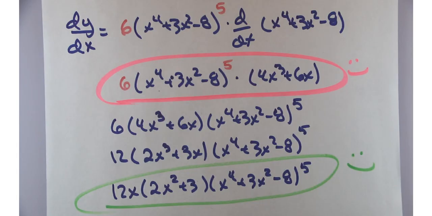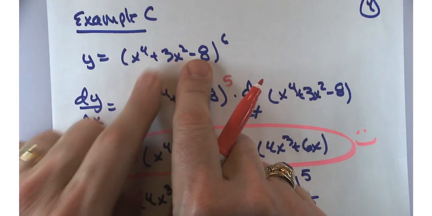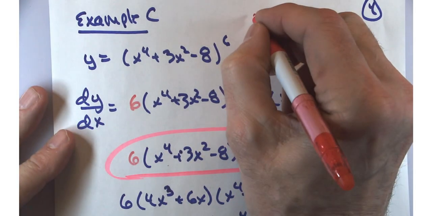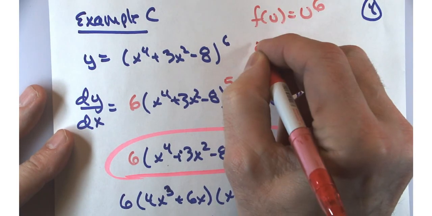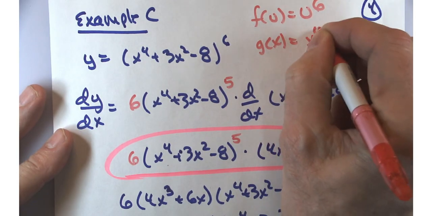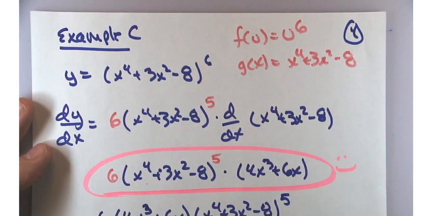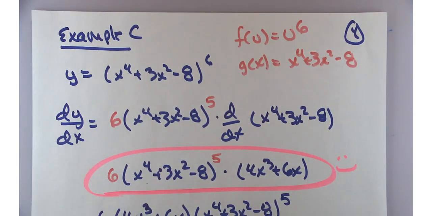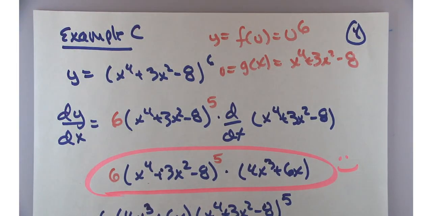No. For us, what you really need to be able to do is look at this and in your mind realize that my outside function is f of u equals u to the 6. My inside function is g of x equals x to the 4th plus 3x squared minus 8. So that's mostly what I would expect here, that you're doing this part but in your head. Okay?